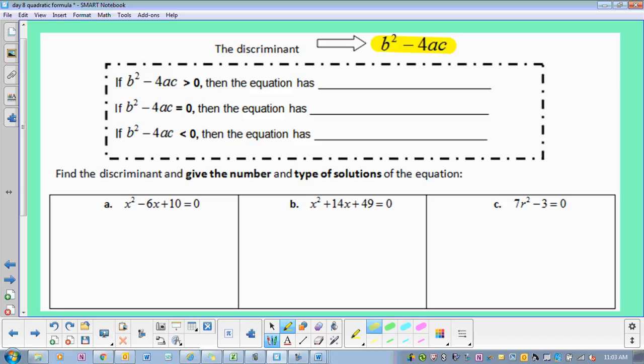Okay? If you plug in your b squared minus 4ac and you get a number that's greater than 0, meaning any number that's positive, I don't care what the number is as long as it's a positive number, then that tells you that your equation has two real solutions.